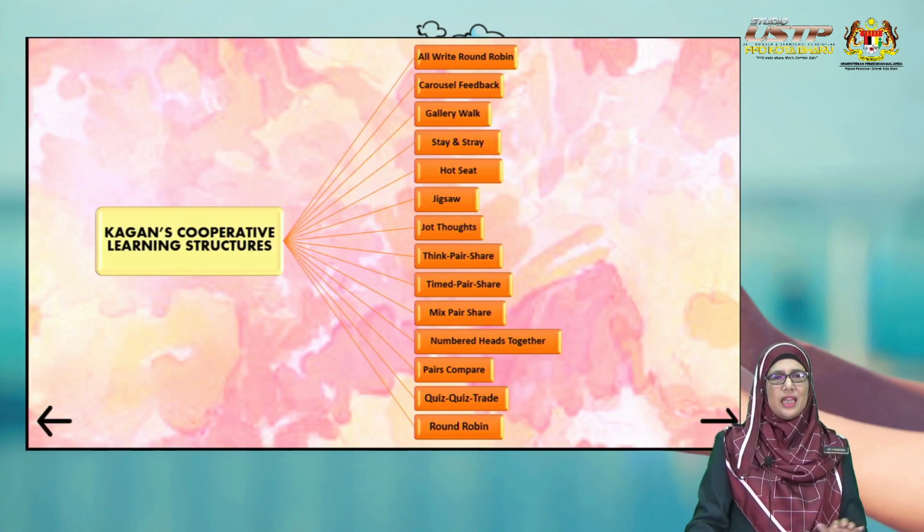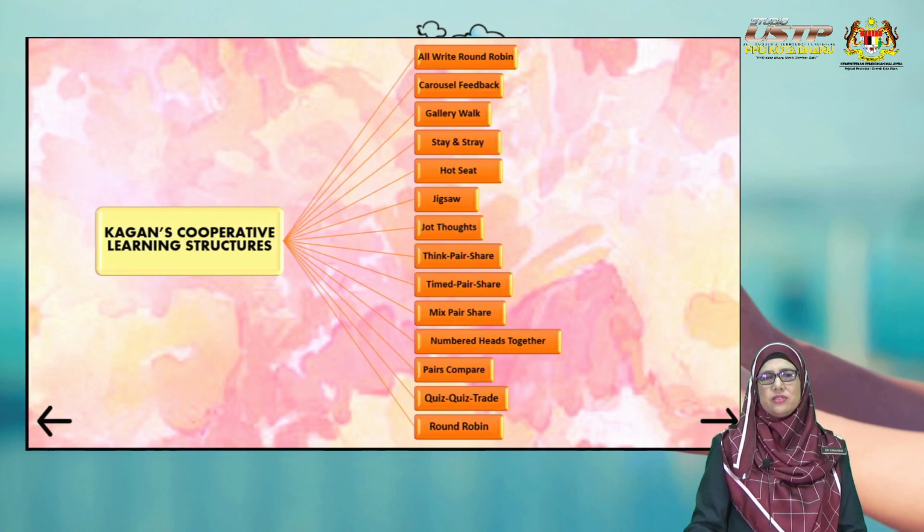Now, in Kagan's cooperative learning structures, what are the activities that we can use in the classroom?